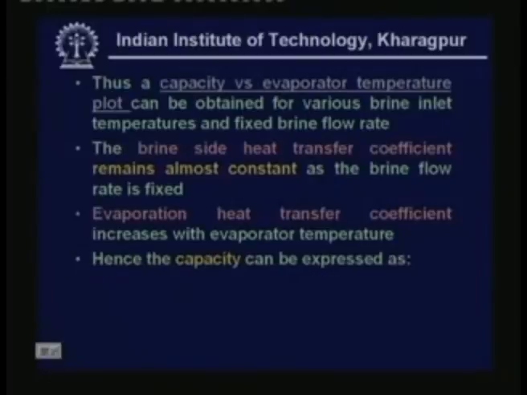As a result, the capacity can be expressed as QE is equal to C0 into (TBI minus TE) plus C1 into (TBI minus TE) whole squared. Here TBI and TE are the brine inlet and evaporator temperatures, and C0 and C1 are constants which have to be obtained either from regression analysis, from the least square method, or from 2-point data.